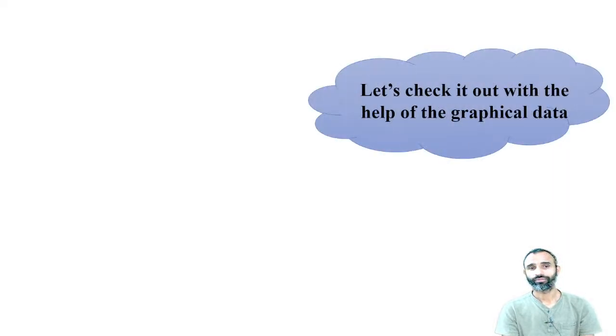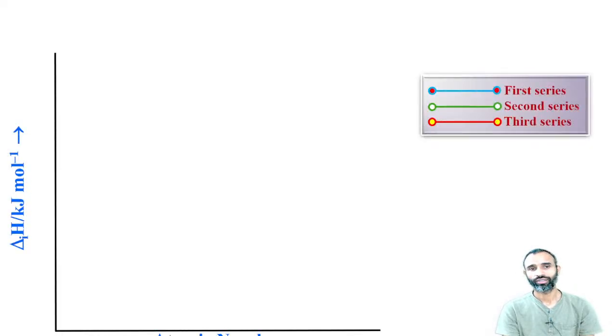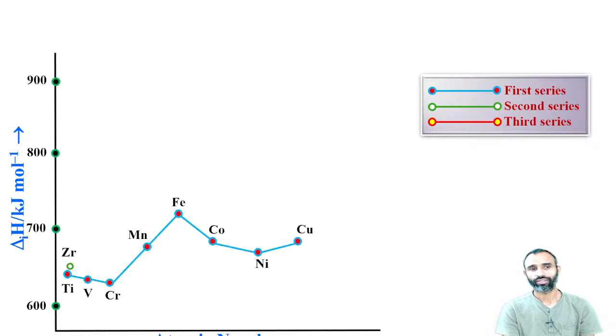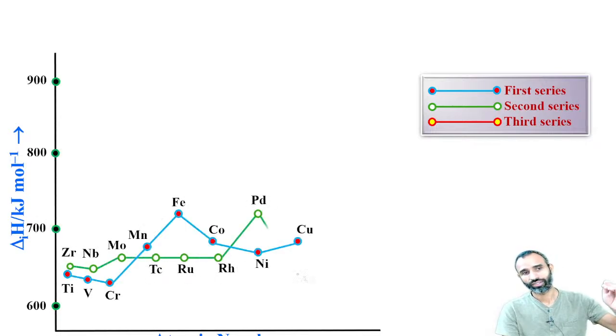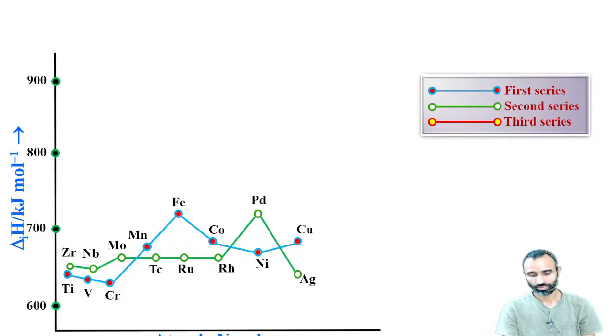But if you see the data, first it slightly decreases, then it increases to the top, then decreases, and at the end it increases. Same for the second transition series, there is so much variation.